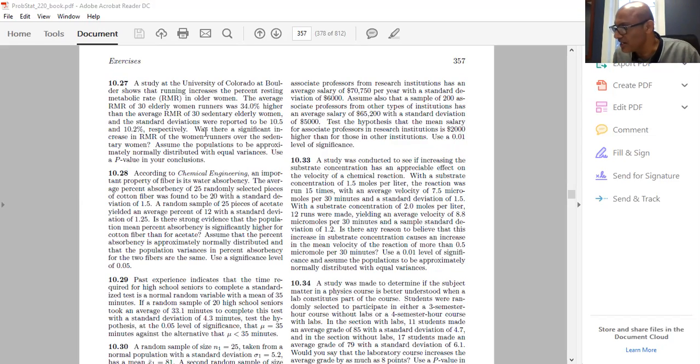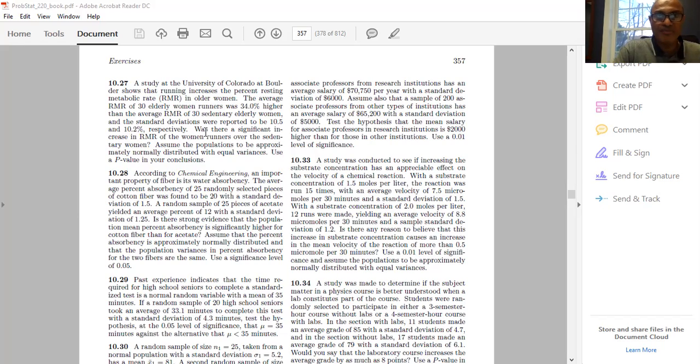The rest of the things, please try to do on your own, guys. It's not difficult, but just try. Let me help you out with this one. 10.27, last example. A study at the University of Colorado at Boulder shows that running increases the resting metabolic rate, RMR, in older women.